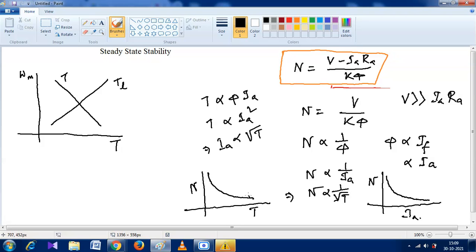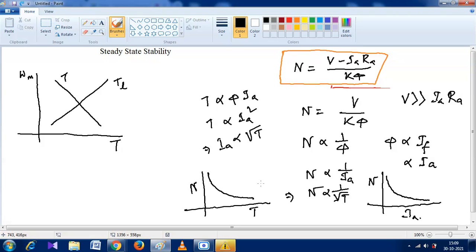So what do you say, when the speed is low, at that time the generated torque is low. Am I right or wrong? Yes sir, speed is low.